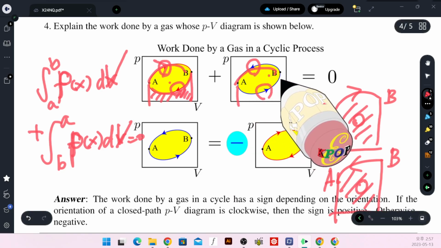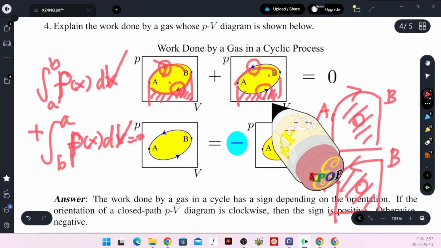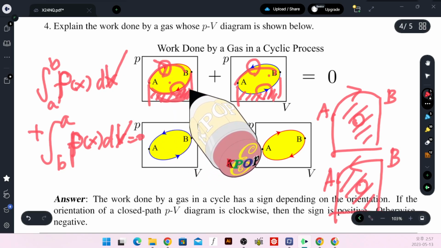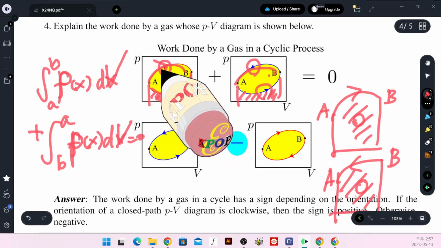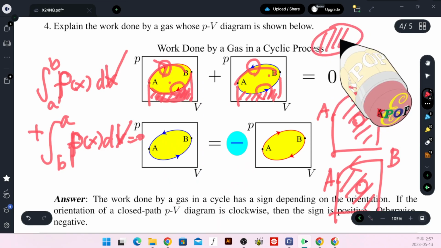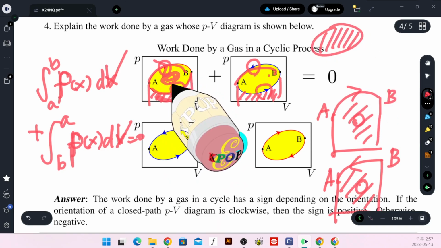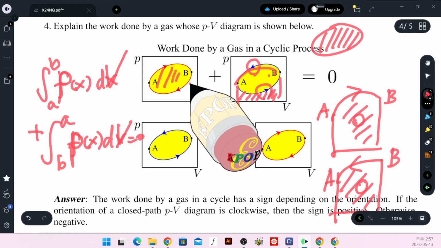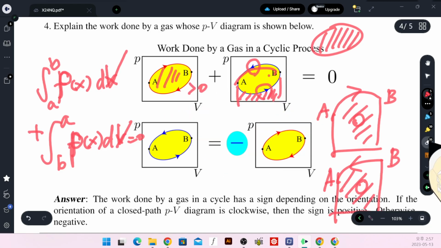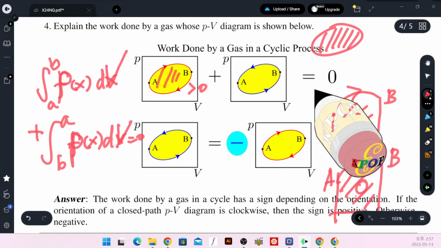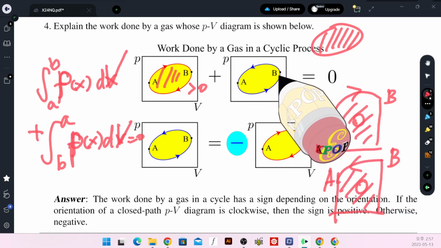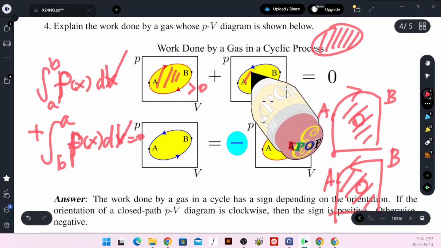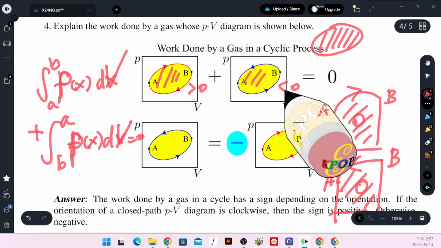A to B here is positive, and that amount is this. As a result, this one is positive and is subtracted by this. So the area of this region is the work done by the gas, positive. However, for this part, they are the same in magnitude, but because of the orientation, it is a large negative and a small positive, so the sum is negative.